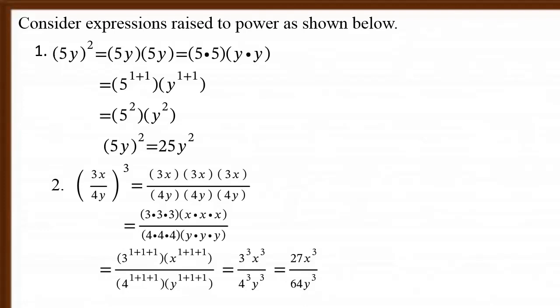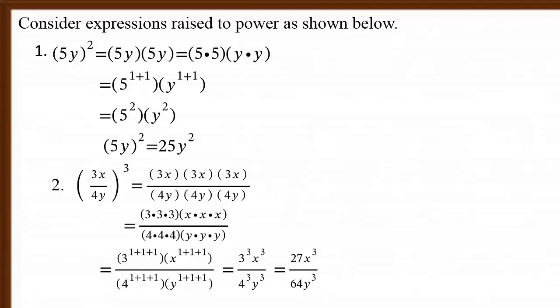So 5 raised to 1 plus 1 as an exponential expression, times y raised to 1 plus 1, also an exponential expression. So 5 raised to 1 plus 1 is equal to 5 squared, then y raised to 1 plus 1 is equal to y squared. Therefore, we have 5 squared times y squared, which is equal to 25y squared.